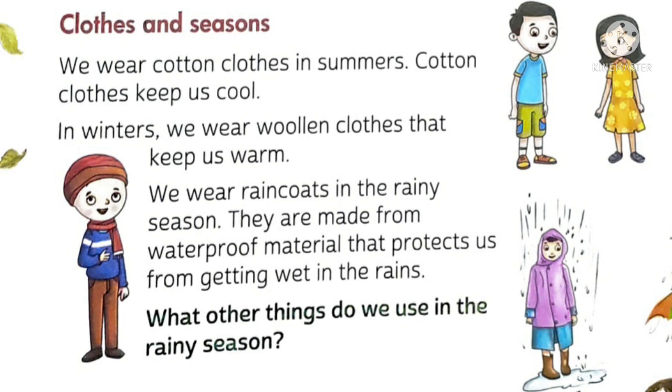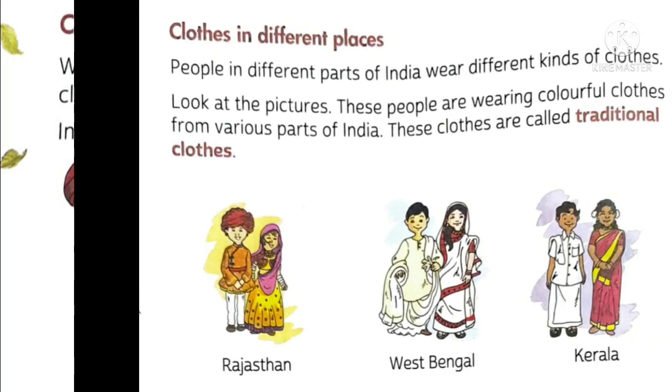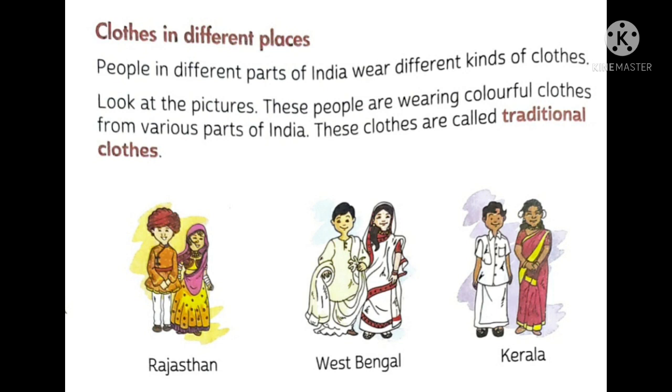Then we have also studied that in different places people wear different types of clothes. We can call them traditional clothes of that particular place, and it also depends upon the climatic condition of a particular place. Then we also studied that on special occasions people wear their traditional clothes.